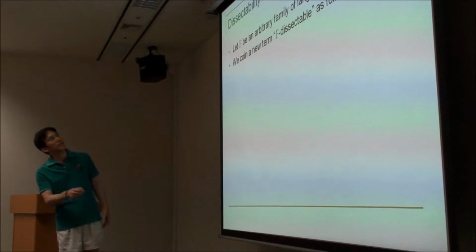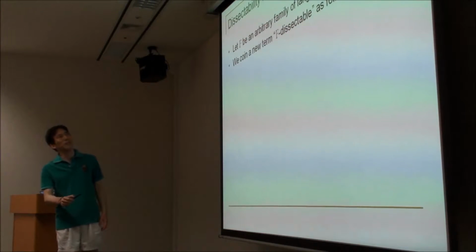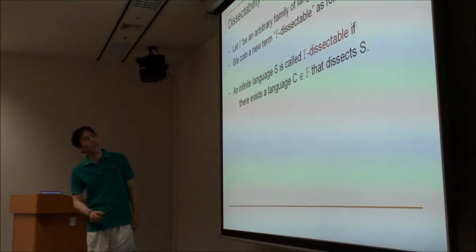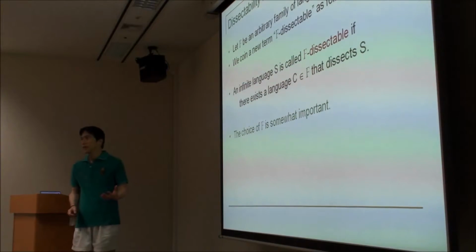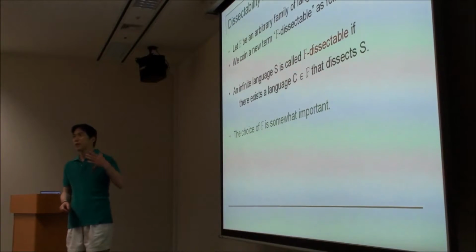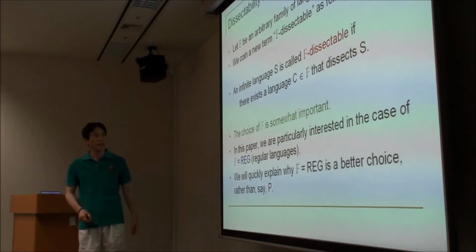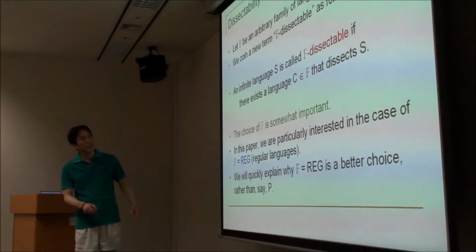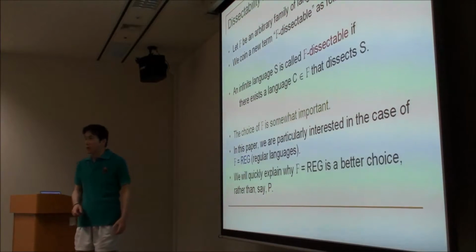The capital letter F stands for some arbitrary language class. We say the infinite language S is called F-dissectable if there is a language C that dissects S, and C belongs to F. So the important thing is the choice of F. For example, we can possibly take P, the deterministic polynomial time complexity class, but this case is not really interesting, as we see. So we'll eventually take F to be the set of regular languages.